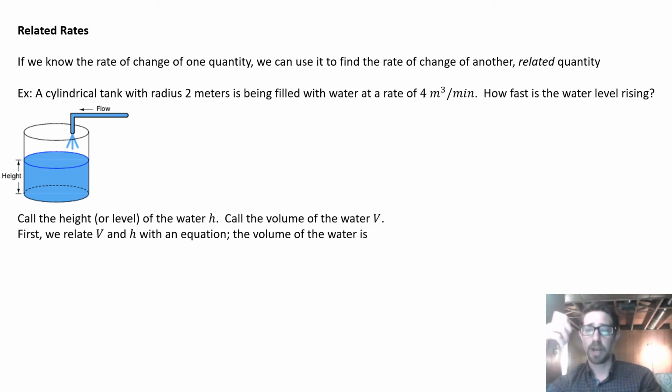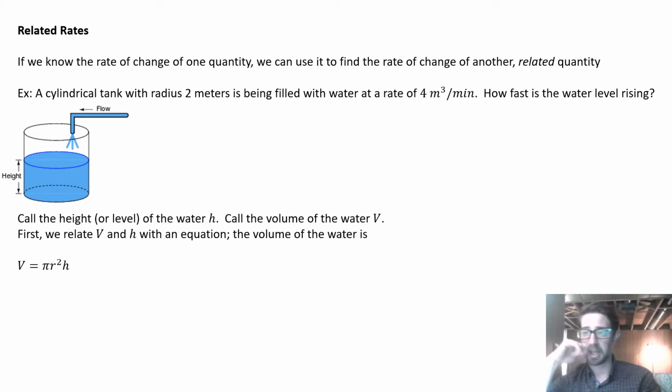And we do have an equation because if you just look at just the water, the water is in the shape of a cylinder, and we certainly have an equation for the volume of that cylinder. If you don't remember equations for volumes of spheres and cylinders and stuff like that, you don't have to memorize those. You'll be given them if you need them. So that's just the volume of a cylinder. It's pi r squared h. So it's just the area of the top of the cylinder times the height.